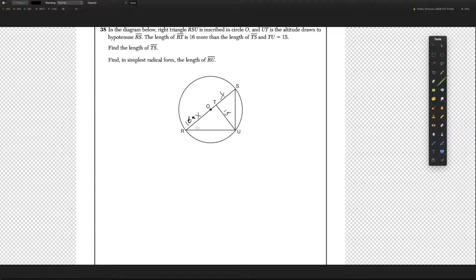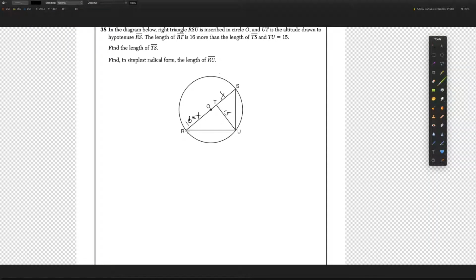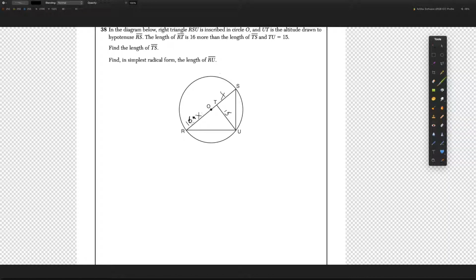But first, how do we know that RUS is a 90-degree angle? Well, we see RUS is inscribed in circle O, and RS is a diameter, 180. This is a central angle of this circle.